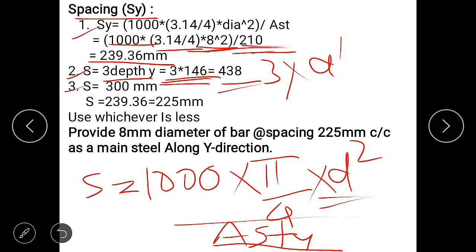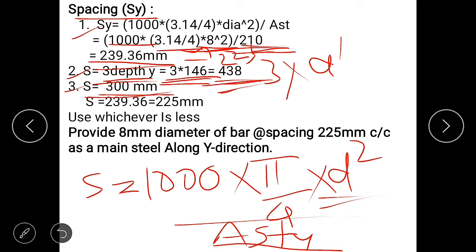Third, consider S equals 300. So whichever is less from these three values. First is 239, which means we consider here 225. Okay. So second is 438 and third is 300.